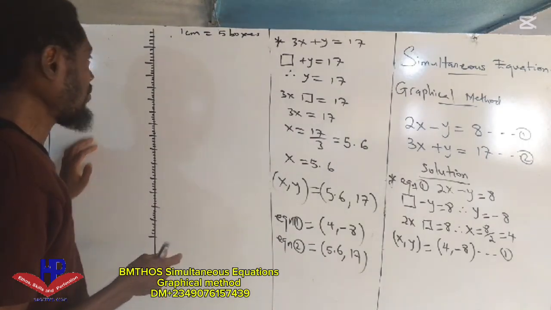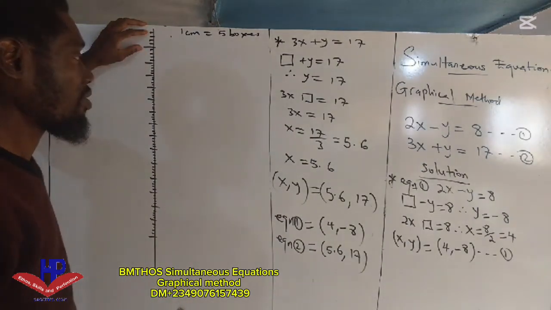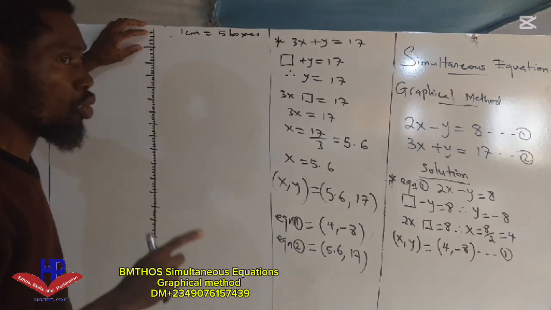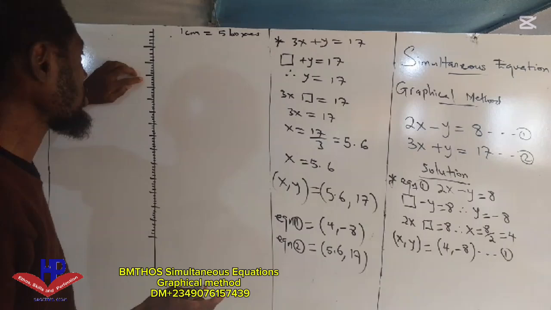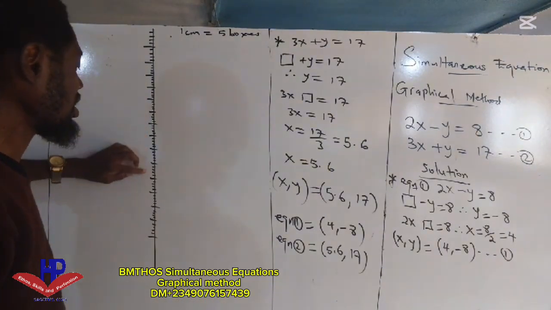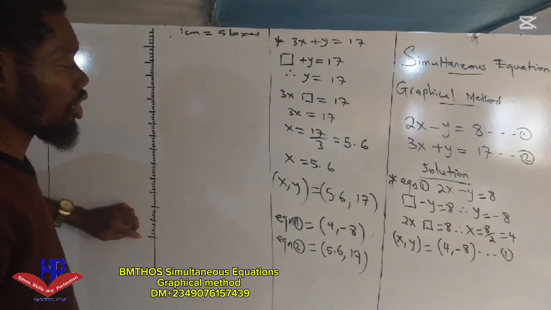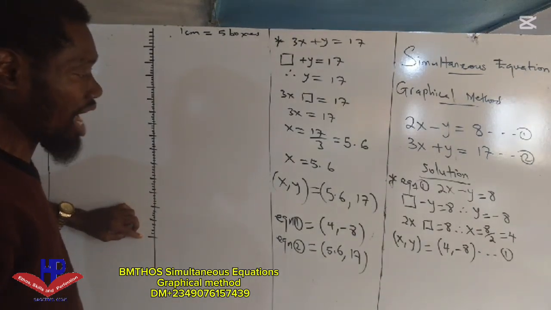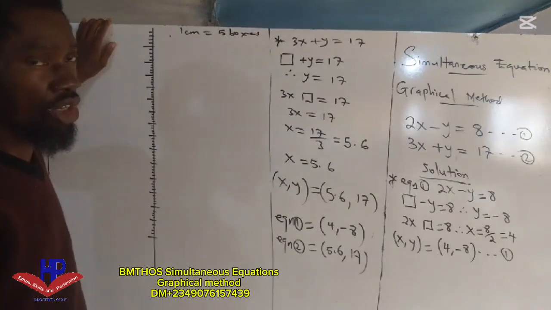If you use 1 centimeter to 1 unit, your 17 will not enter. And don't forget, we also have a negative number for y, which is minus 8. So let me use a scale quickly here without wasting much of our time.